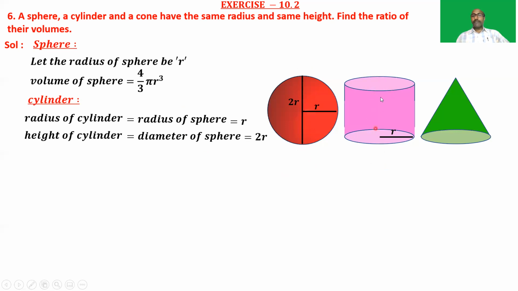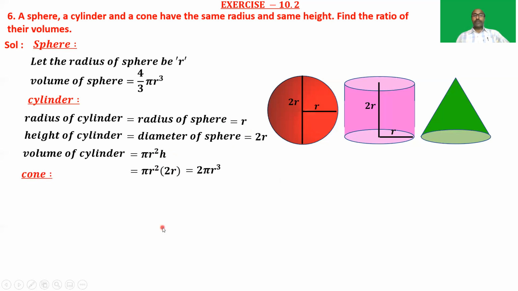Now the volume of the cylinder is pi r square h, that is pi, radius is the same r, and the height of the cylinder is 2r. So here h is equal to 2r. From this we can write the volume of the cylinder is 2 pi r cube.